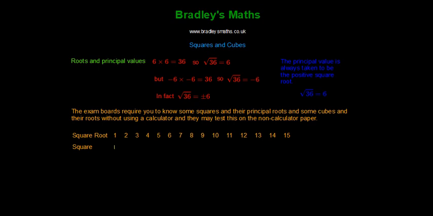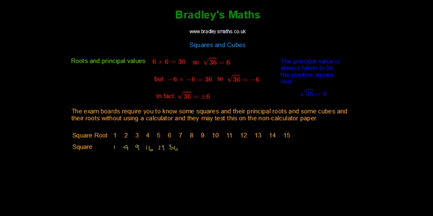The square root of 4 is 2, because 2 squared is 4. 3 squared is 9, so the square root of 9 is 3. 4 squared is 16, so the square root of 16 is 4. 5 squared is 25, so the square root of 25 is 5. 6 squared is 36, so the square root of 36 is 6.